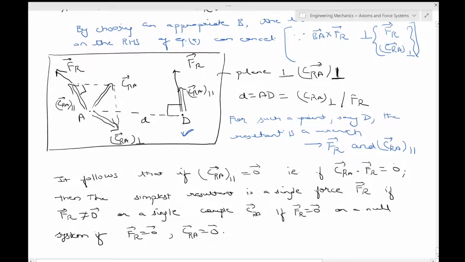Okay. So rather than having FR or CRA parallel, you can just have one of them as well. Or you can have none of them, which is both FR and CRA would be equal to 0. So a single couple can also exist as CRA. Okay.